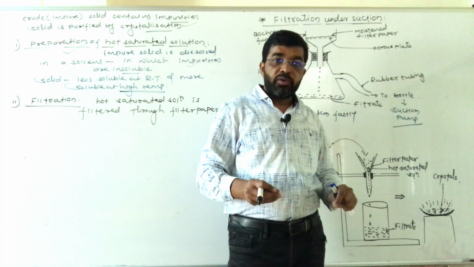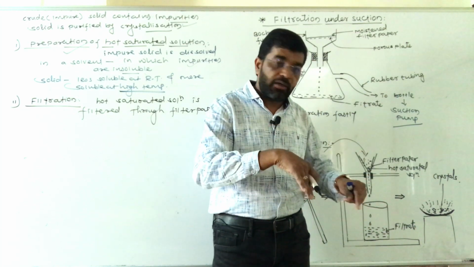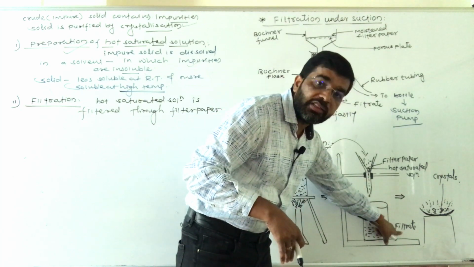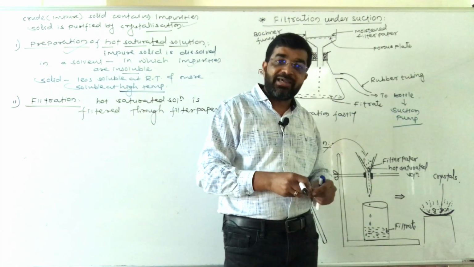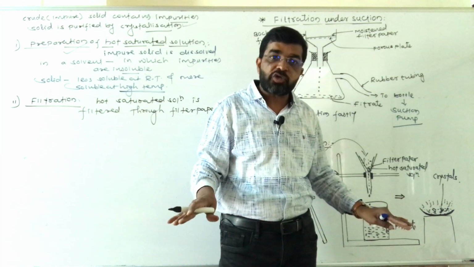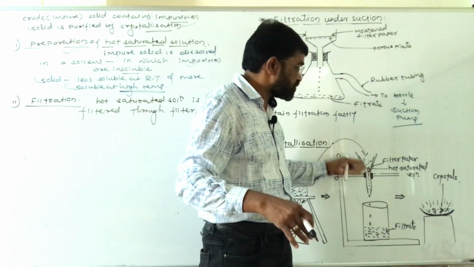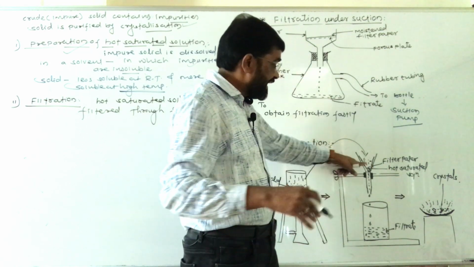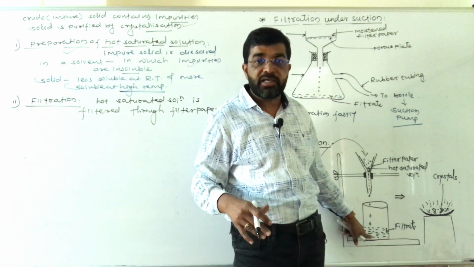Now we know impurities are insoluble and the solid is soluble. So the solid is obtained in the filtrate because it is soluble. But the impurities, which are not soluble in the solvent, are left here. So when we pour the hot saturated solution, the impurities will be left here and the filtrate will be collected here.